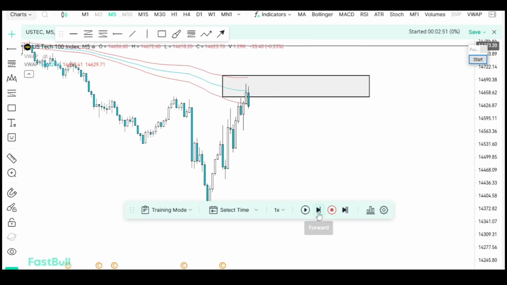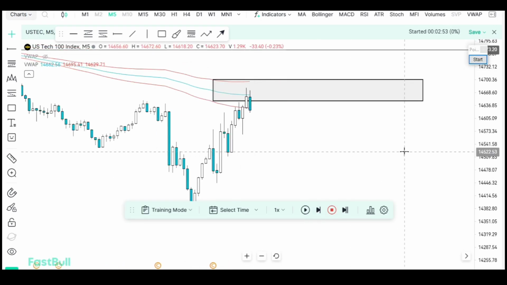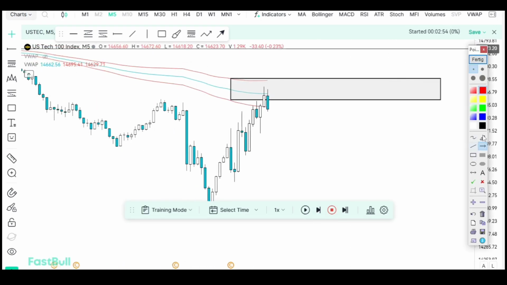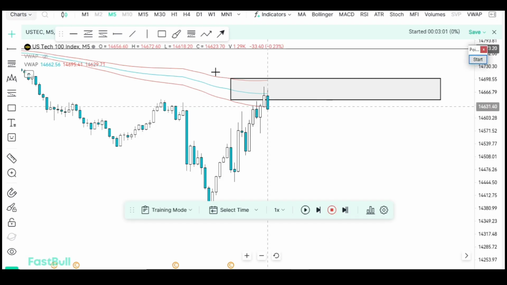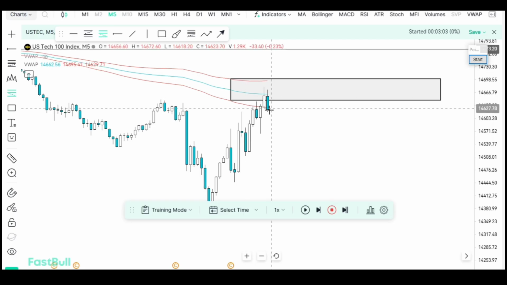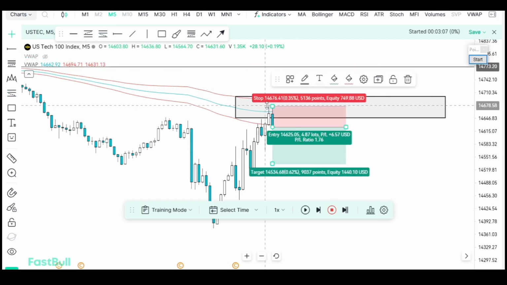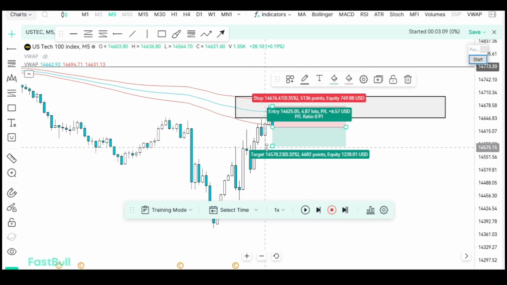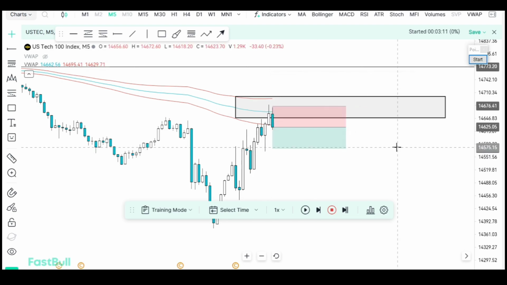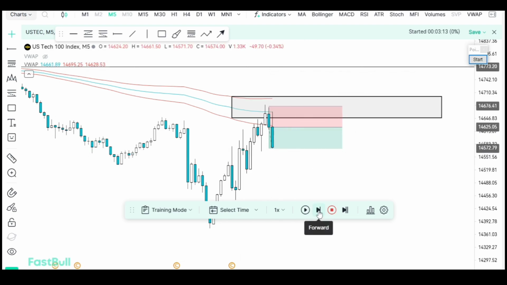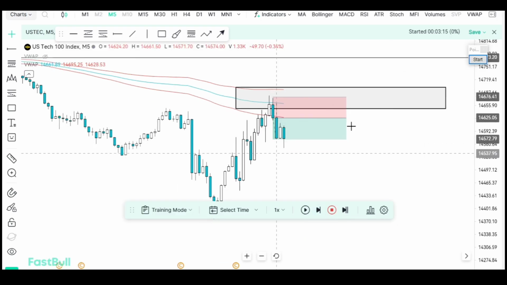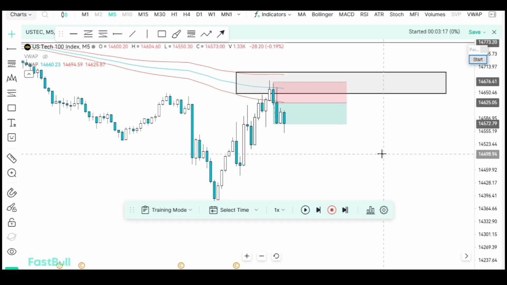Now we wait for a bearish engulfing candle to break below the lower band. There it is. We enter on the close, set the stop loss above the engulfing candle, and aim for a 1-to-1 risk-to-reward ratio. Once again, take profit hit in one single candle.